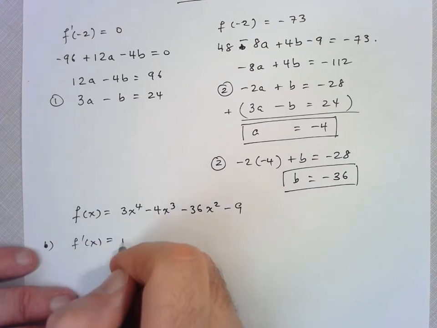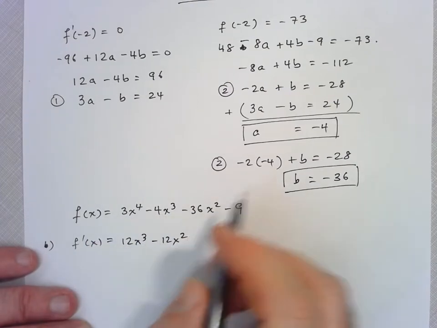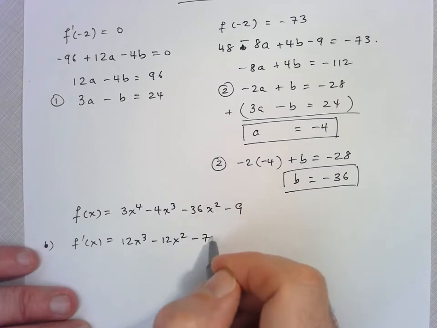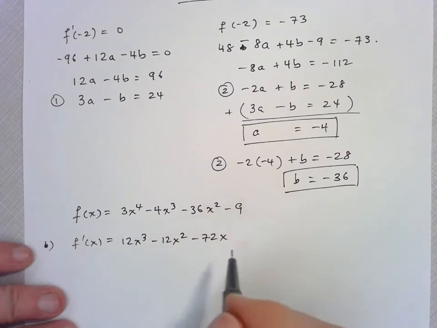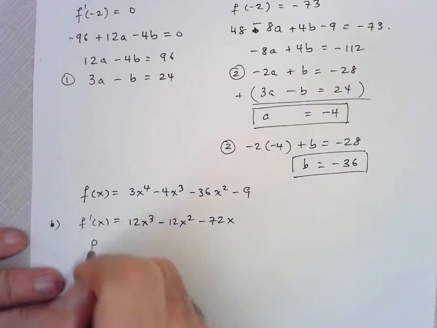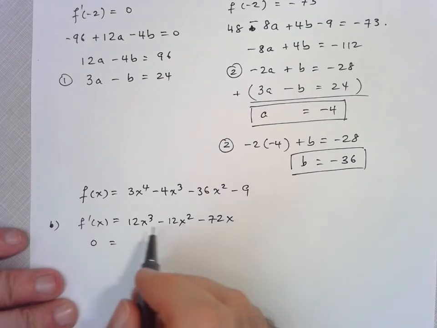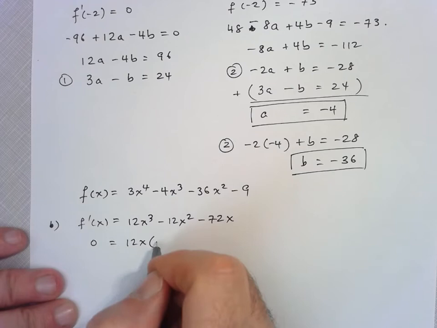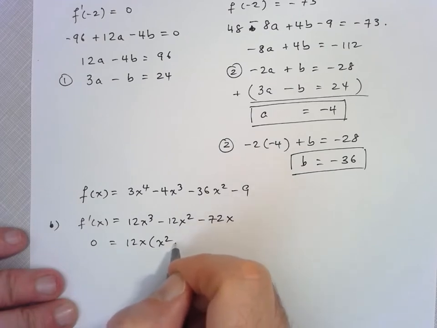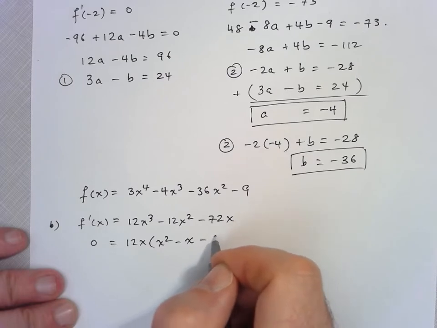So here we have 12x cubed minus 12x squared minus 72x and minus 0. So there's my equation, and apparently there's a third point where the derivative is going to be equal to 0. So let's solve for that. Here we've got 12x as a common factor, so we're left with x squared minus x minus 6.